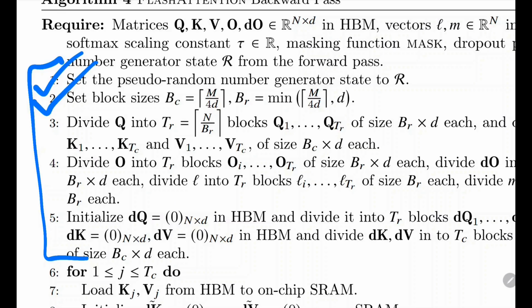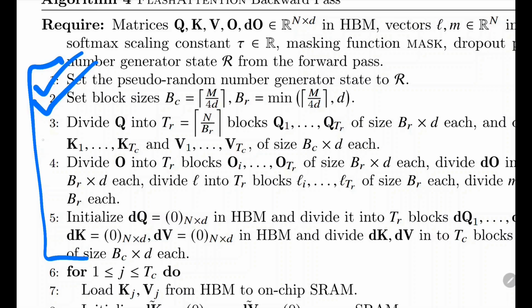In step 2, we set the column block size BC and row block size BR, as seen in the forward pass. The factor of 4 is to account for all the intermediate matrices in SRAM simultaneously.